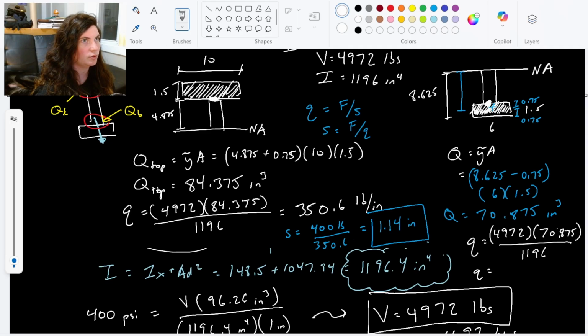So since my uppercase Q, right, my first moment of area was slightly lower, I do get a shear flow that's slightly lower of 294.5 pounds per inch. And then again, I can plug that into that S equation. S is F over q.